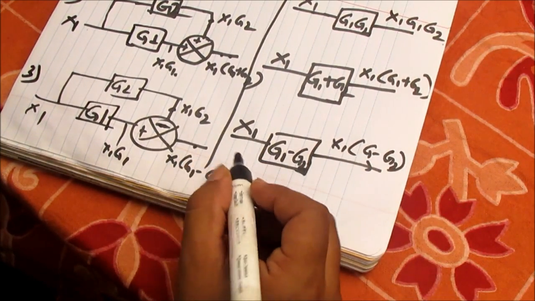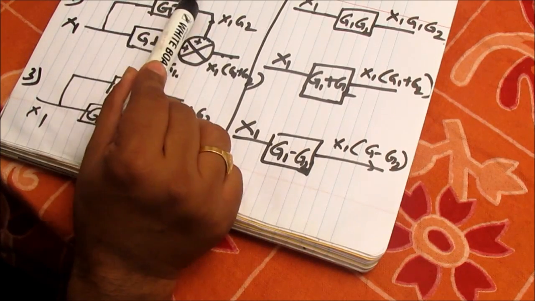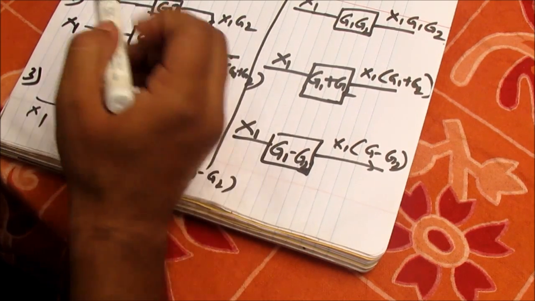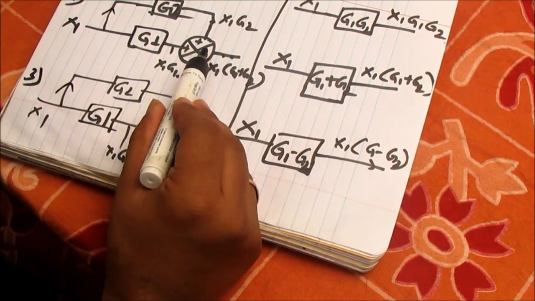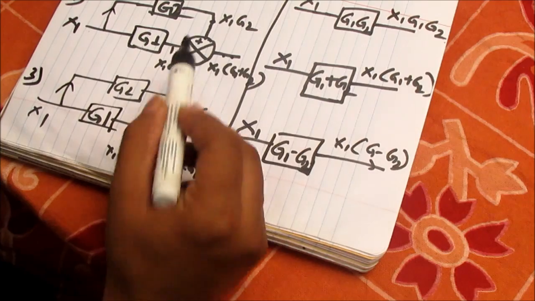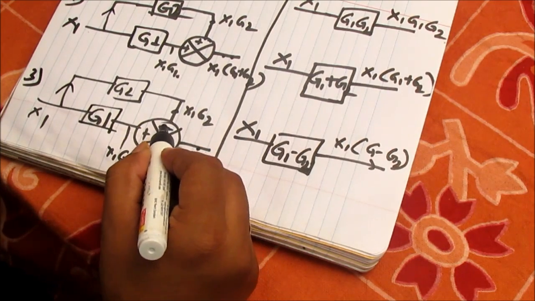So we have seen when the blocks are in series, when the blocks are in parallel, and when the sign is plus, and when the sign is minus.